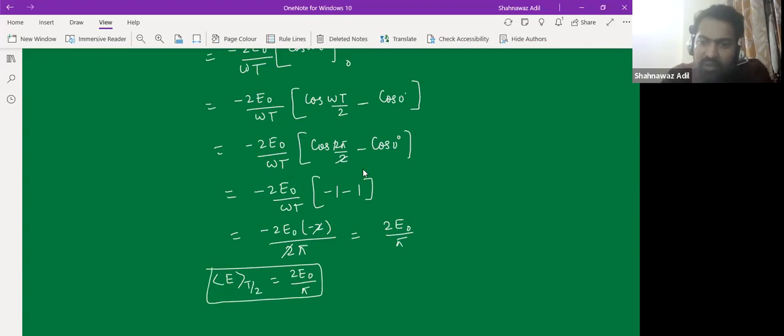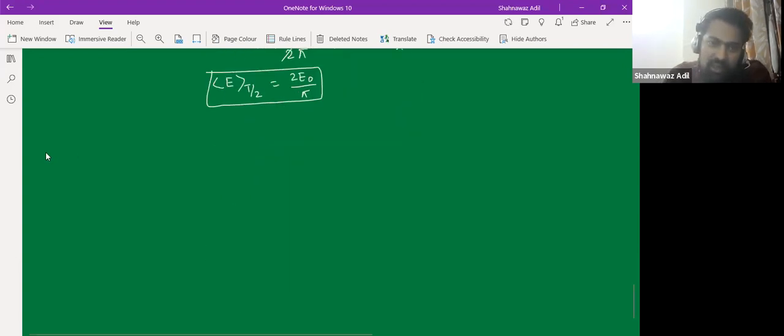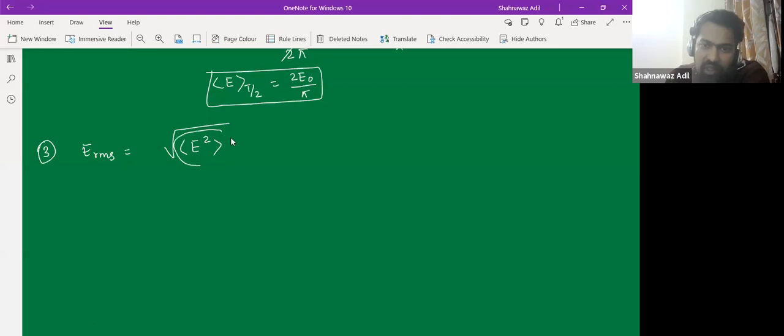The average EMF in half cycle. And then the third one is E RMS. So what is the meaning of RMS? You calculate E, you square it, you take the average, and then you take the root. So that is E RMS. First we have to find E square. E square would be E naught sine omega t whole square, so that is E naught square sine square omega t.